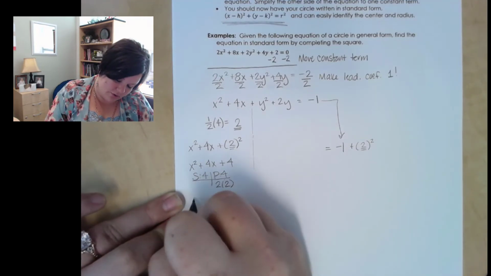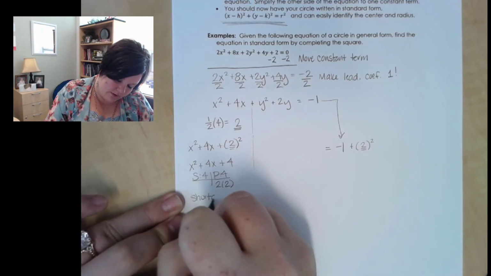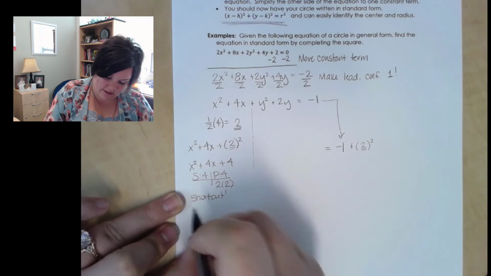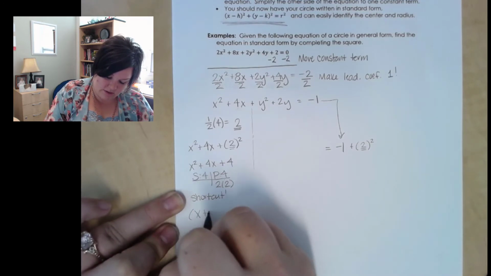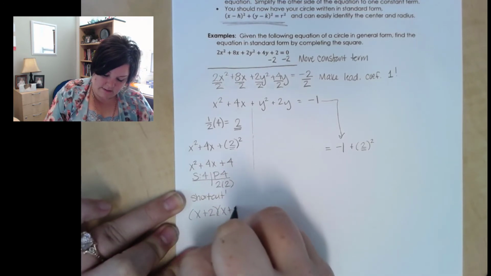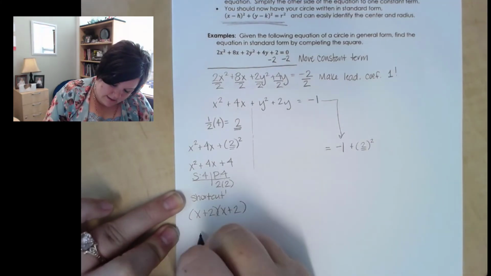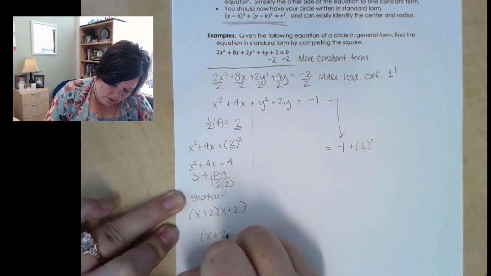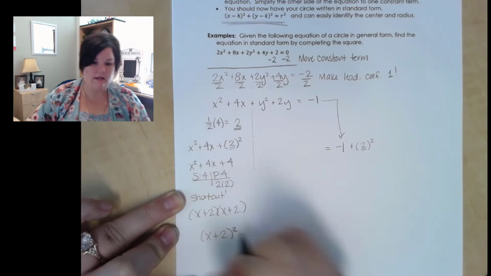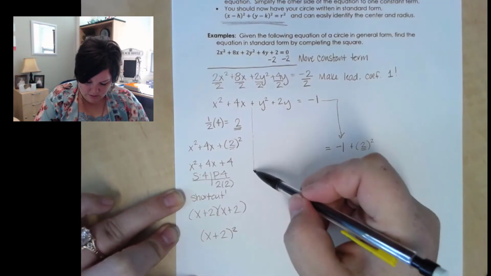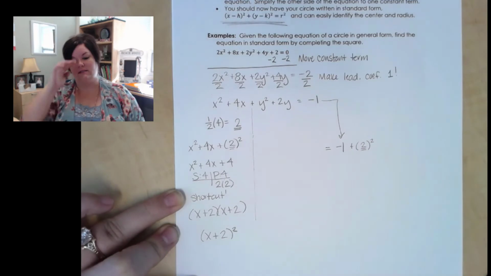And I can use my shortcut here because my leading coefficient is a 1. So that means this factors into x plus 2 times x plus 2, or the way that we want to write it is x plus 2 squared. Okay, so that was all getting my x's done.